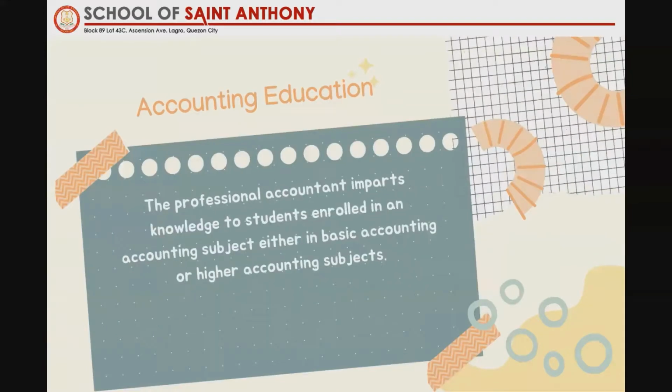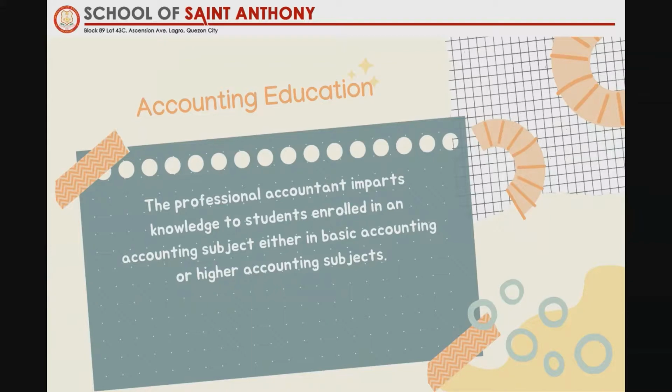Let us proceed to another branch of accounting, which is accounting education. Earlier, we discussed financial accounting, who's responsible for the preparation of financial statements. Management accounting, who's responsible for helping the management understand the financial statements of the company.